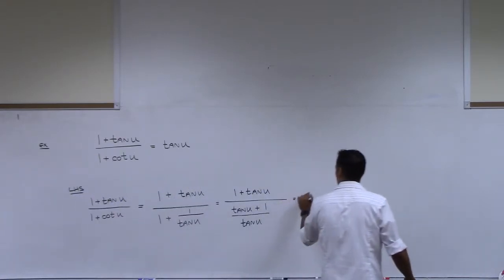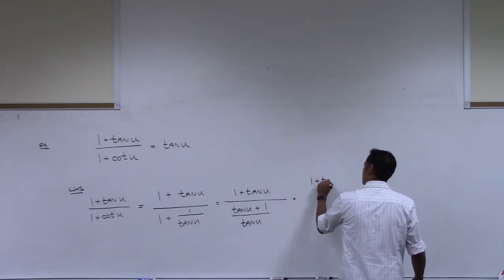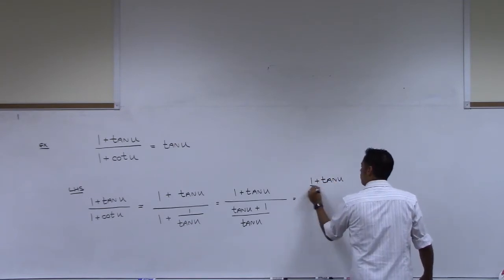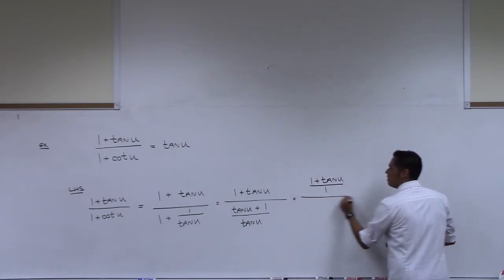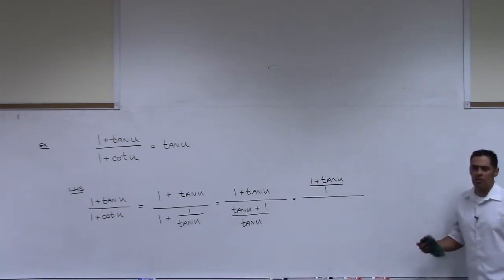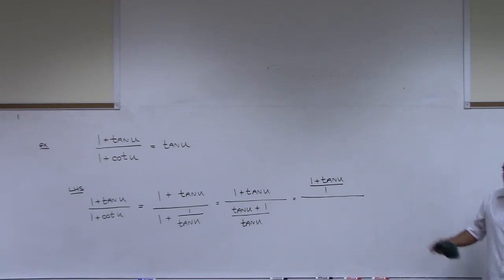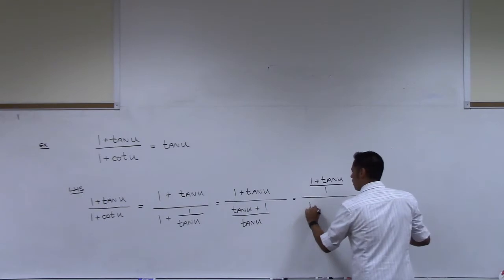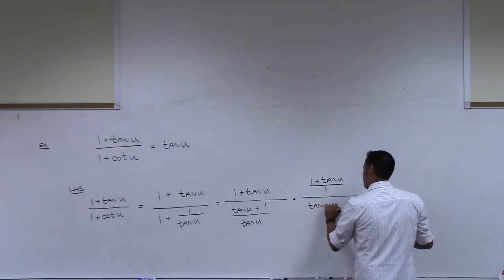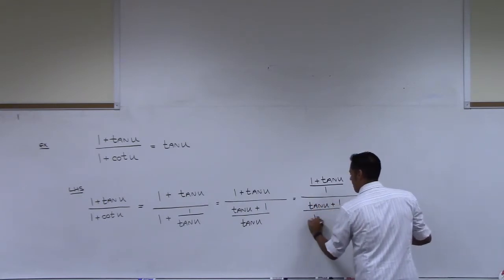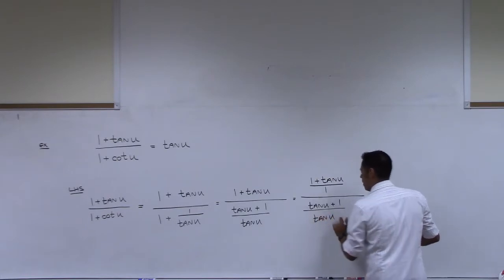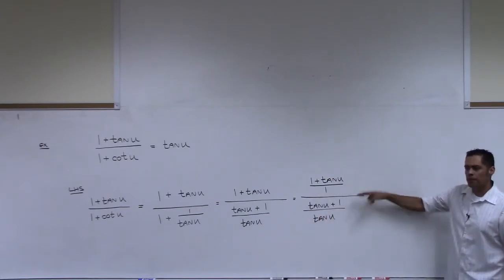You flip it. Now, I want to make sure everyone sees this. The numerator is really this, right? That's really the numerator. 1 plus tangent u is really 1 plus tangent u over 1. So I can look at it as a fraction over another fraction. And if you look at it that way, then you can flip this.